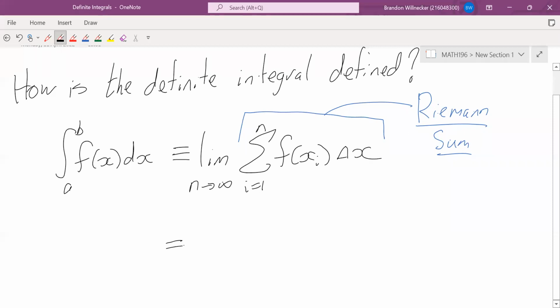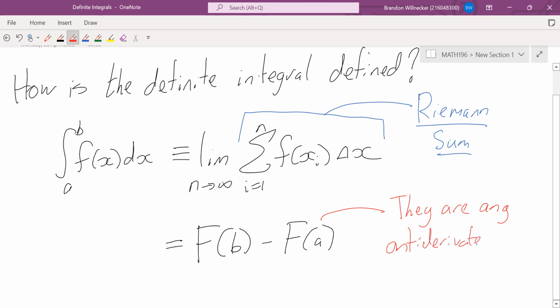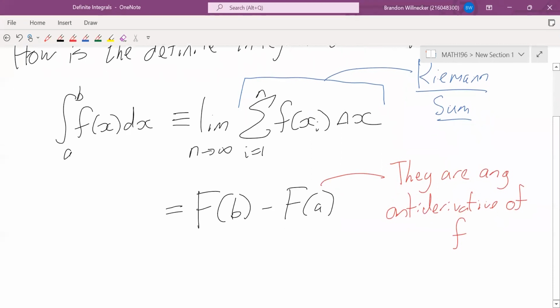The second way is to take F at b minus F at a, where this F at b and F at a, those are functions evaluated at the bounds, but they're very special functions. They are any antiderivative of f.